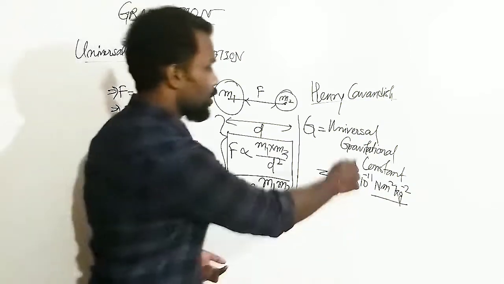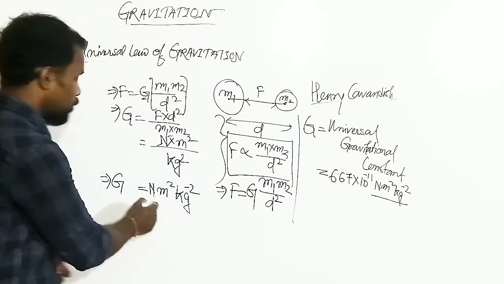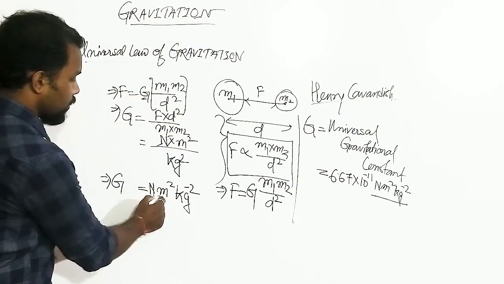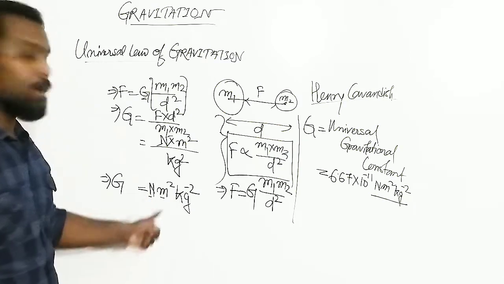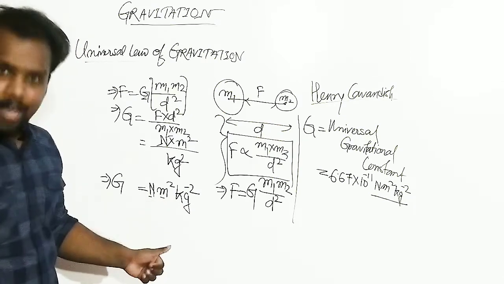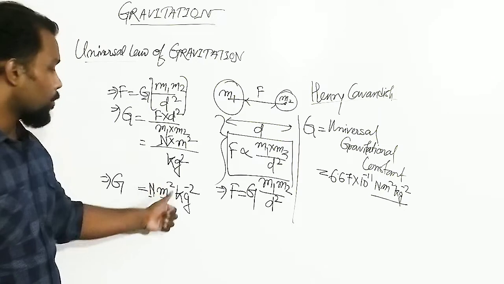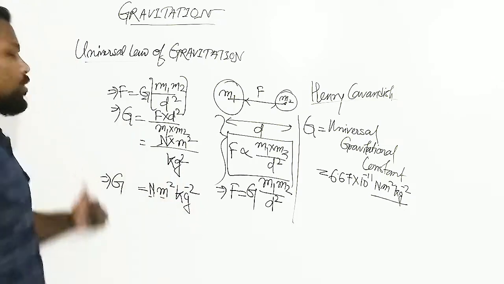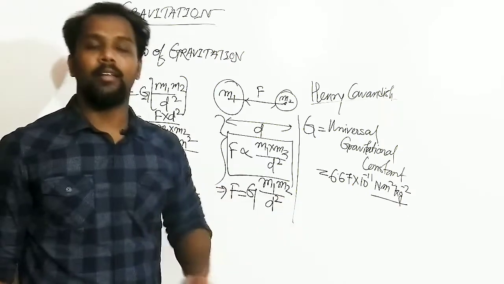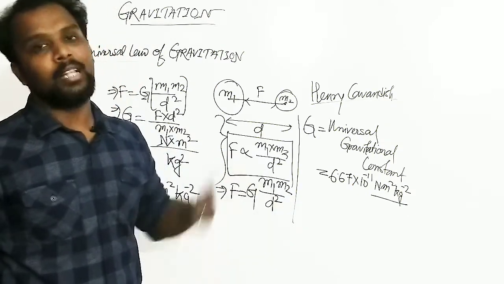Here we have the dimensions of Newton, meter and kg. That means we have the dimension of force, and the dimension of distance. So this is the main unit of the gravitational constant, and that constant is known as the universal gravitational constant.